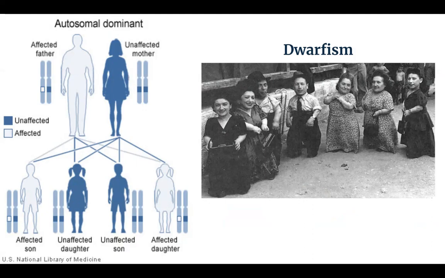Dwarfism is another type of inherited genetic disorder that affects the skeletal muscular system's development. So you can see in this case, this is unaffected in dark blue, affected is in light blue. So the mother, in her genetics, carries two normal alleles, so she's not affected.